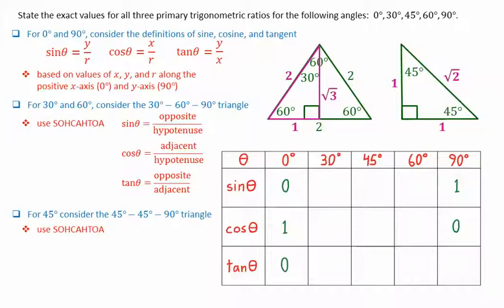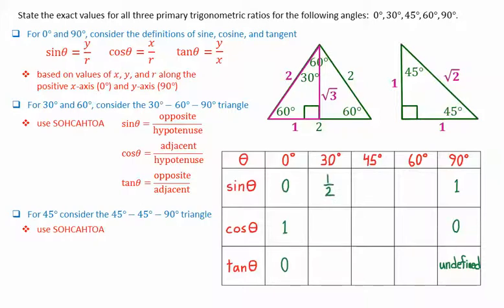The x value along the y-axis being 0 means that cosine of 90 degrees equals 0. For tangent of 90 degrees, here again we're looking at the x value corresponding to 0 along the positive y-axis. Note this corresponds to having 0 in the denominator, so tangent of 90 degrees is then undefined.